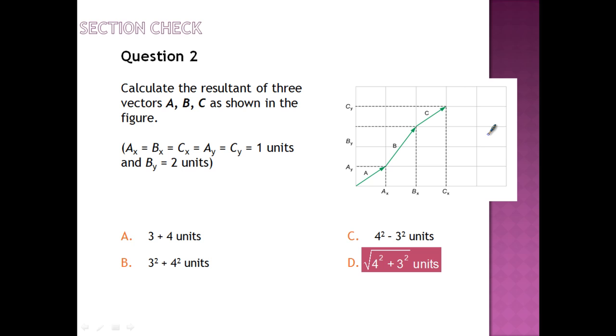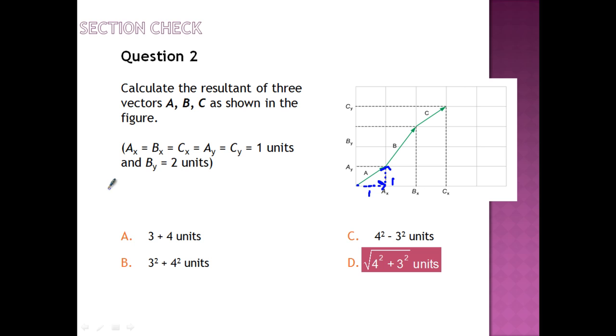Question 2. Calculate the resultant of 3 vectors A, B, C as shown in the figure. So AX, BX, CX, AY, and CY all equal 1 unit, and BY equals 2 units. So each of these are their own little vectors. You get AX and AY, both 1 unit.